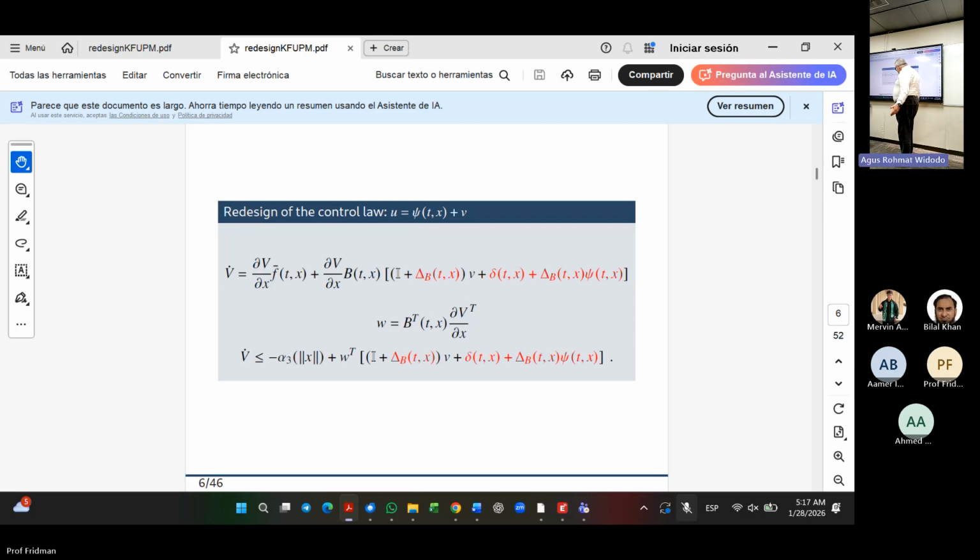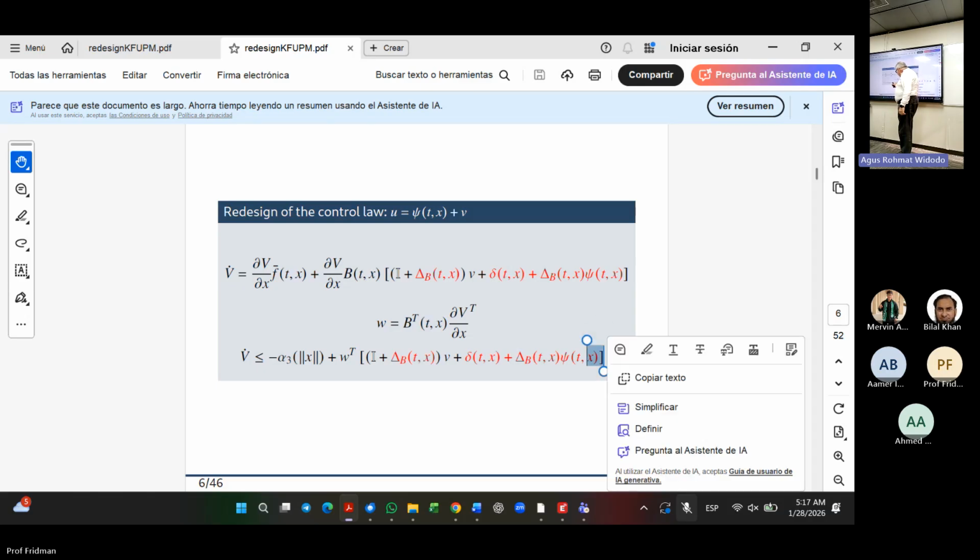So what does it mean? This means that the sign of this should be negative with respect to the sign of that.